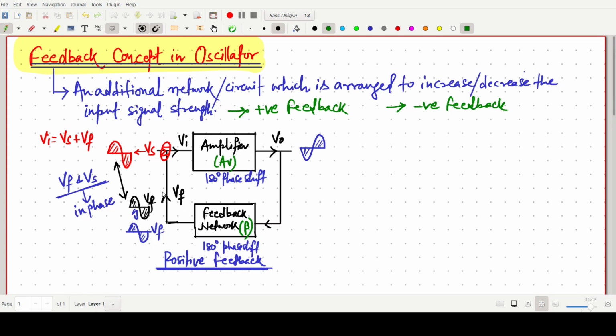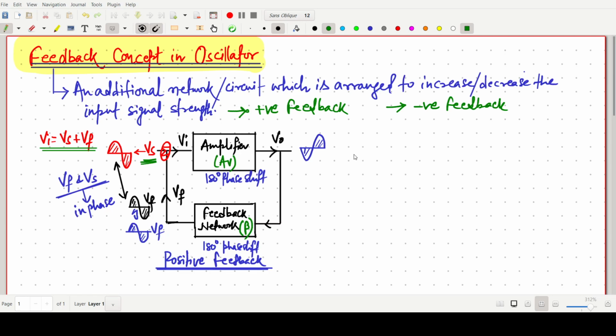So in the positive feedback, both the source Vs and Vf, the output of the feedback network Vf, are in the same phase, or in phase. So it is nothing but simply a positive feedback, with Vi equal to Vs plus Vf.